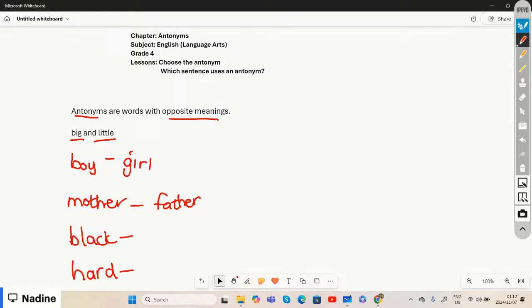If something is not black, we can say it is white.